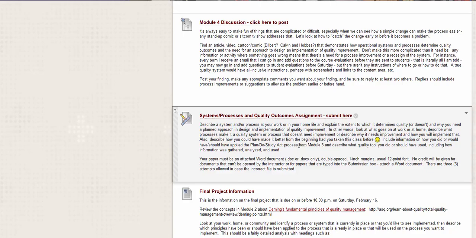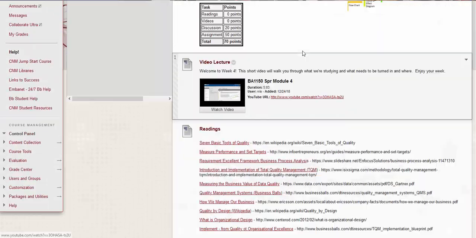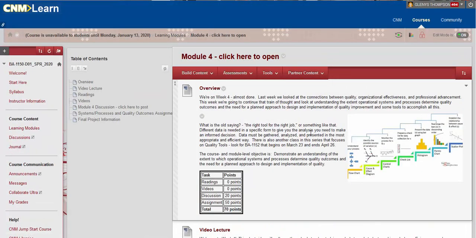Okay, so for instance, I always use the laundry system because I love doing laundry. So if your laundry system doesn't work, use the Plan, Do, Study, Act process. Determine a tool. Maybe your water bill is too high. If you want to analyze your utilities, there are some of these quality tools here that will help you with that. Okay? And so you want to analyze your water usage.